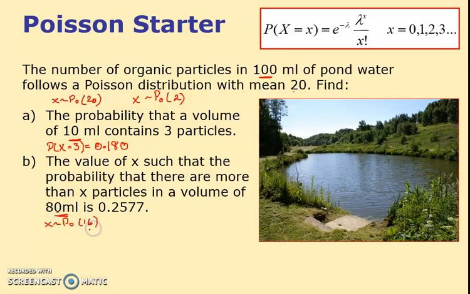I expect to get 16, but there's a 0.2577 chance that I get more than some number. So just think about this. I'm expecting to get 16. So if I got more than this number, there is a number up here which I'm trying to find. I shall call it x. And the probability of this happening, it says, is 0.2577.